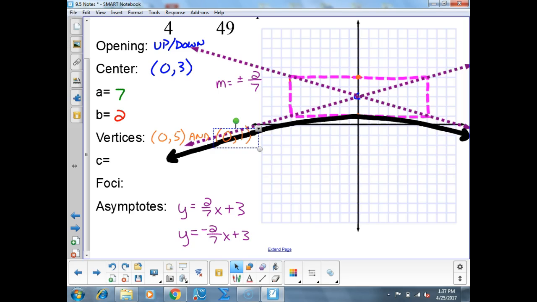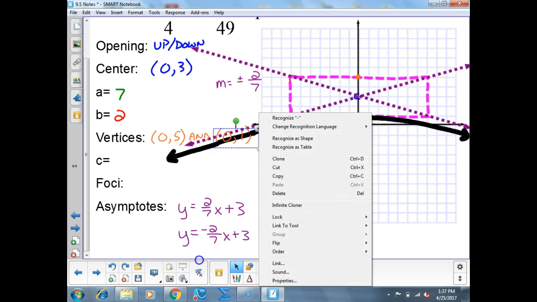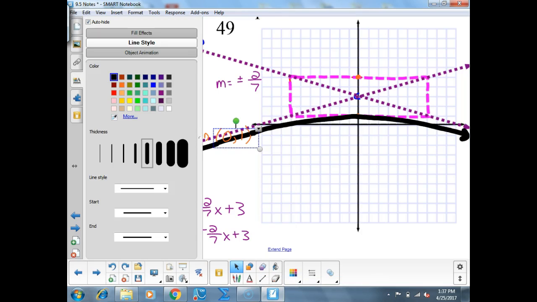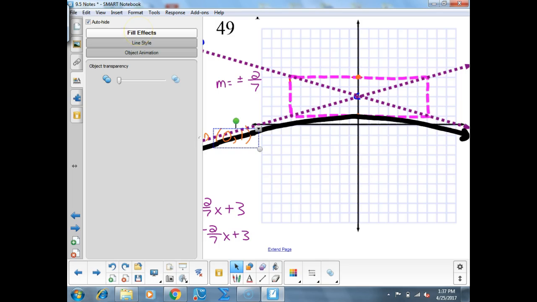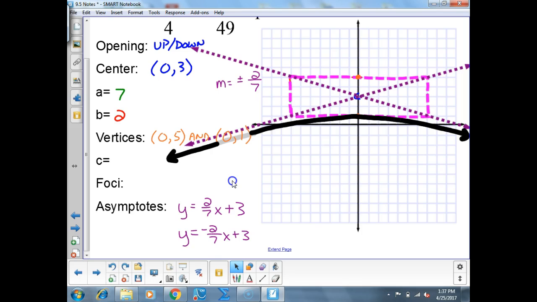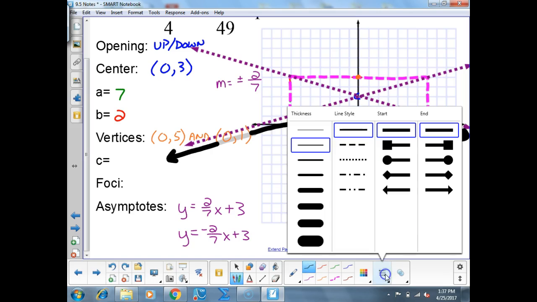Actually, let's make it a little more transparent too. Properties. Object animation. No. Fill effects. Yep, I think so. Transparency. There we go. Okay. Magic. You should stop yelling at me.